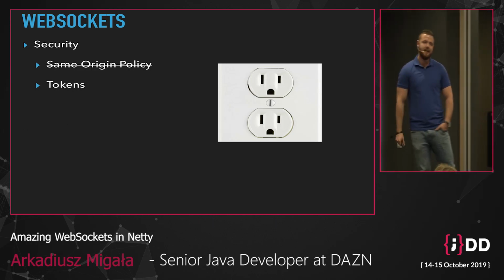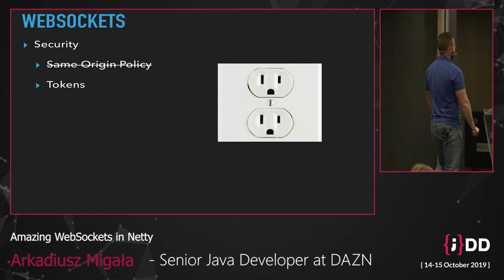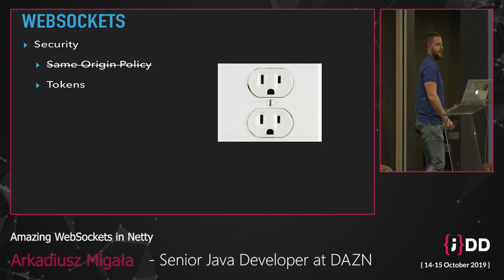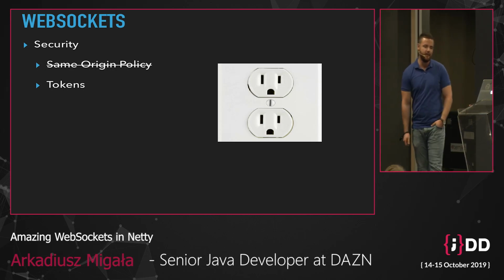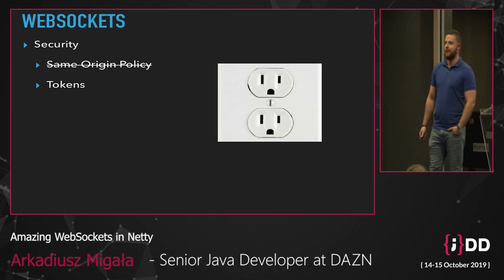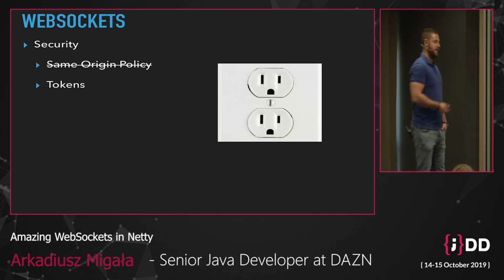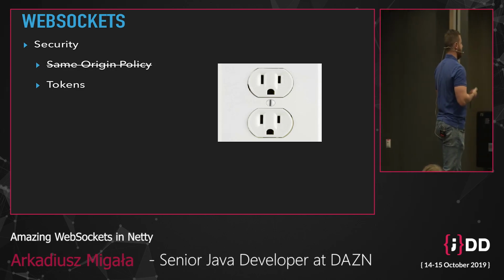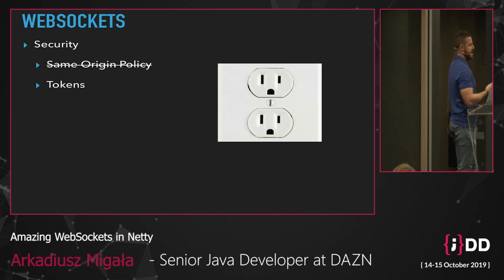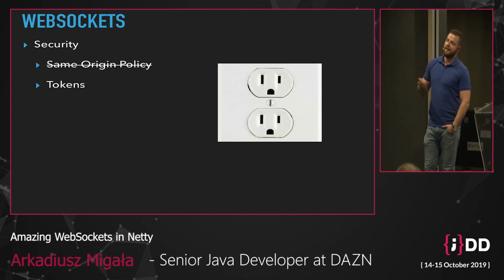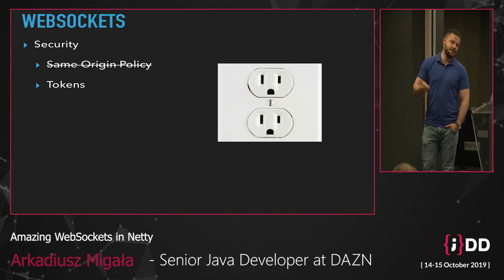But there is also something that we didn't cover. Be careful about security, because with WebSockets there is no such thing as same-origin policy. And in our application, we didn't implement any tokens. I also saw applications where the security missed these tokens, so be careful with that.